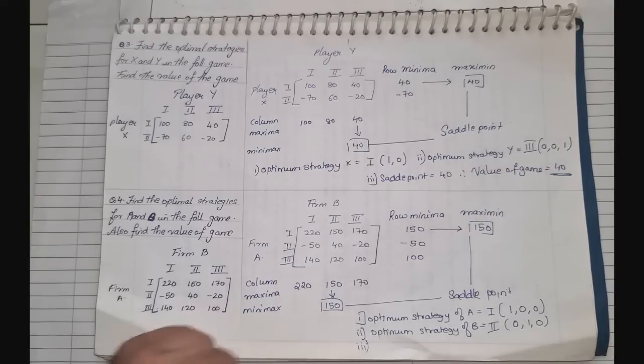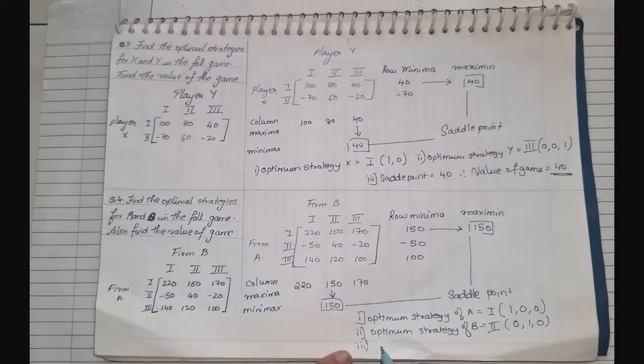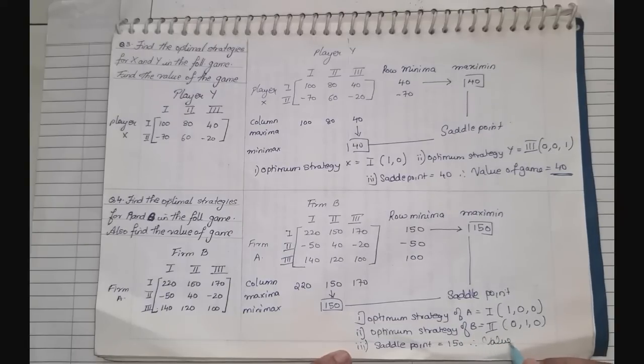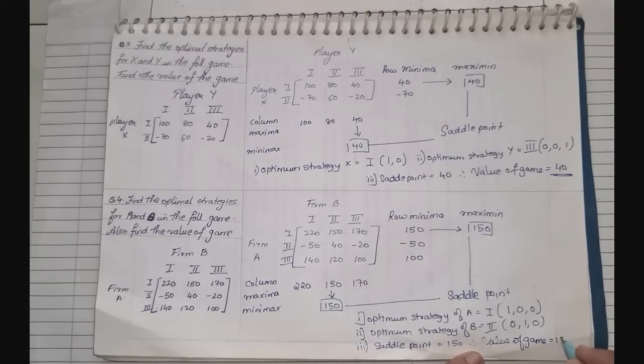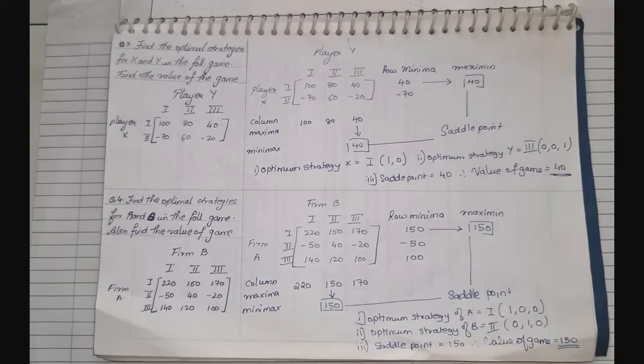And third, the value of game, or that is the saddle point. So saddle point is 150, therefore the value of game is also equal to 150.